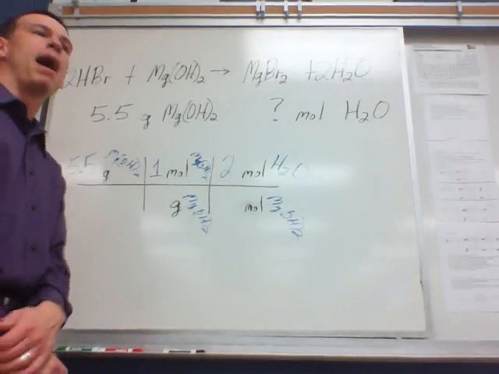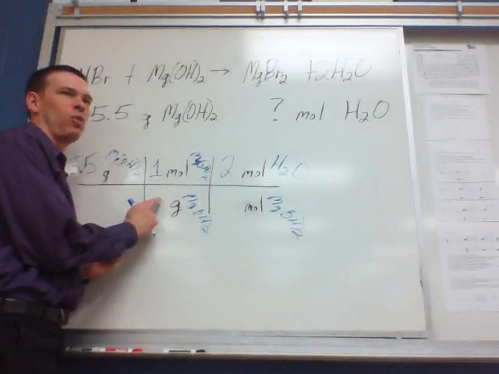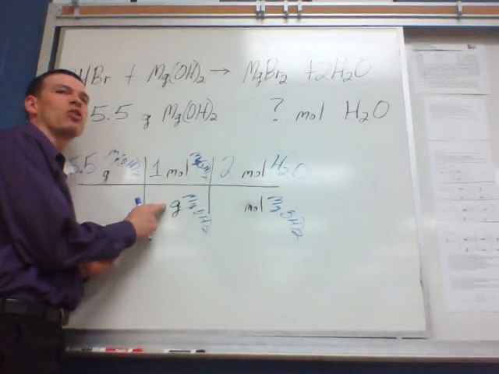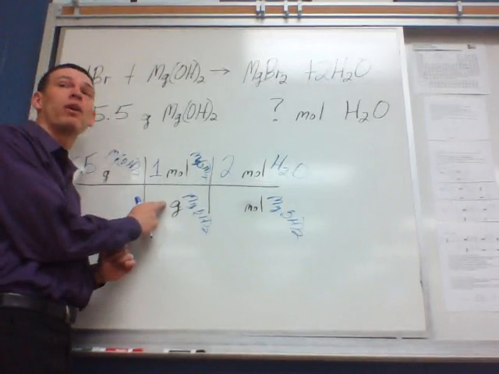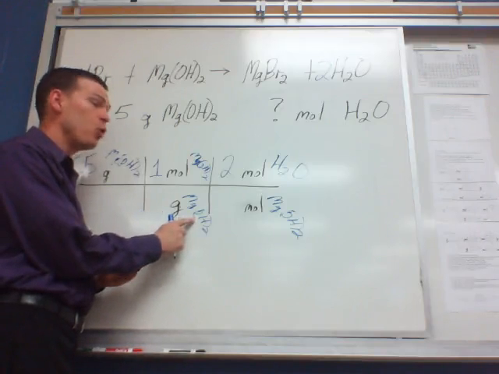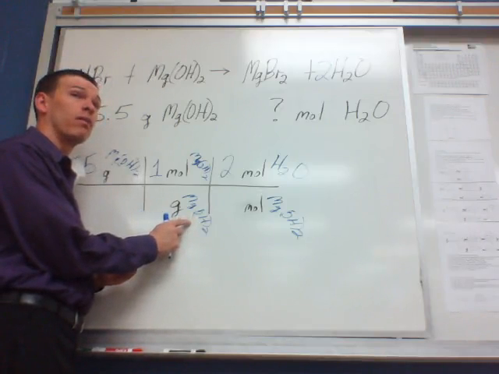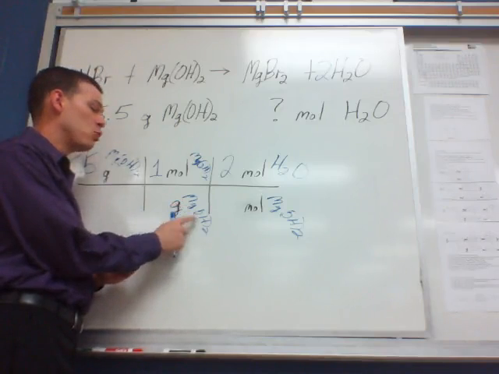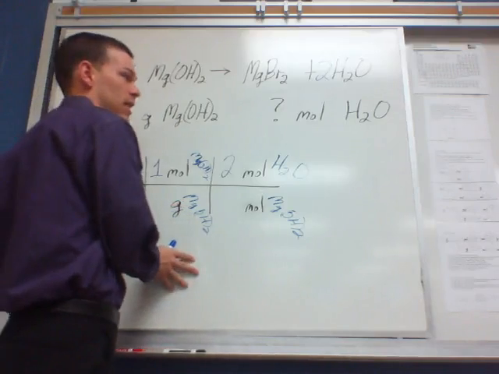Let's go down to the bottom. This will be your most hated square. What does it say in this square? Periodic table. When you run into a periodic table square, we need the molar mass of whoever you already wrote in the square. We need to add up 1 Mg plus 2 O's plus 2 H's. Let's do that together.